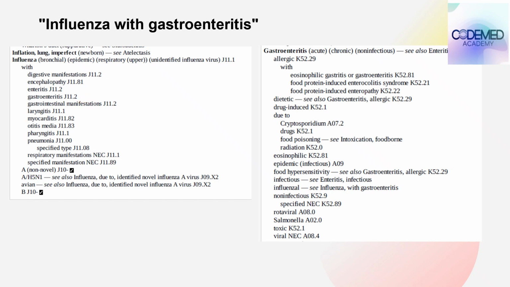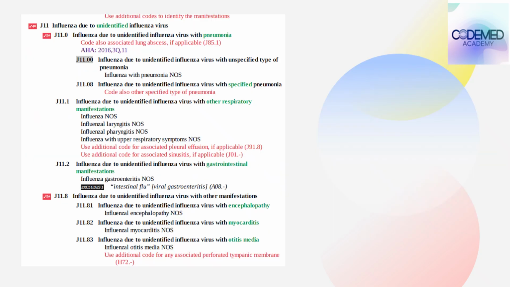J11.2. So let's go to the tabular list. The tabular list: J11.2 influenza due to unidentified influenza virus with gastrointestinal manifestation, influenza gastroenteritis, NOS. What is the meaning of that? That we will learn in the next part.